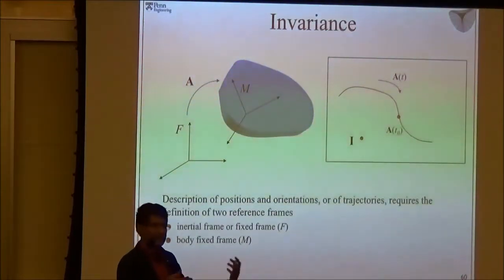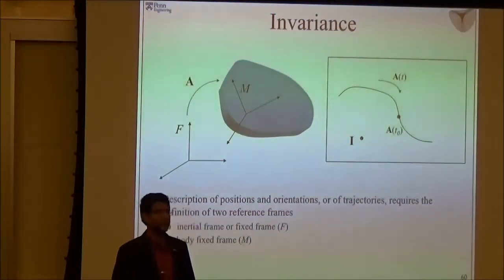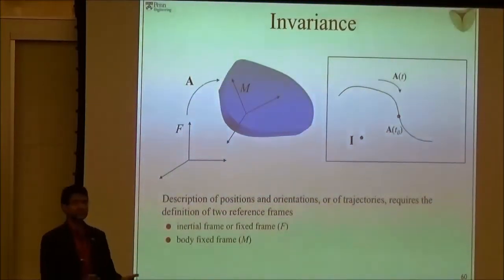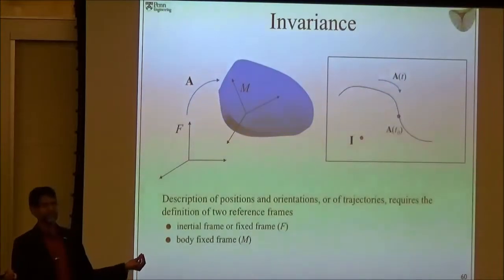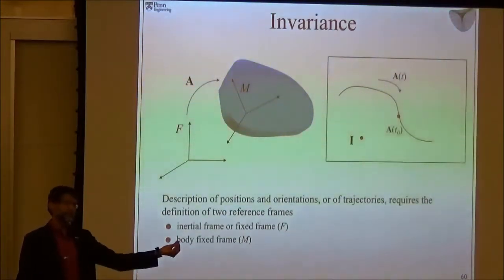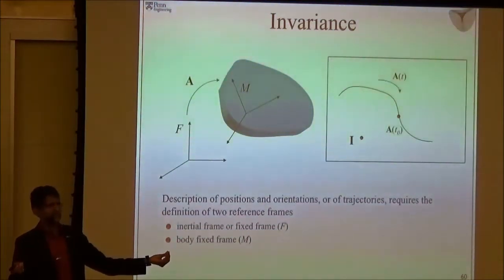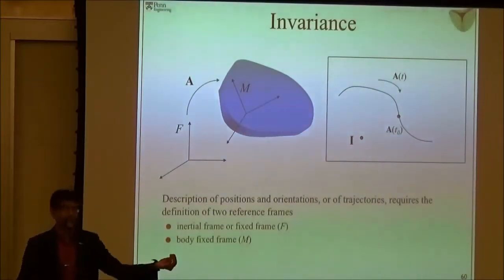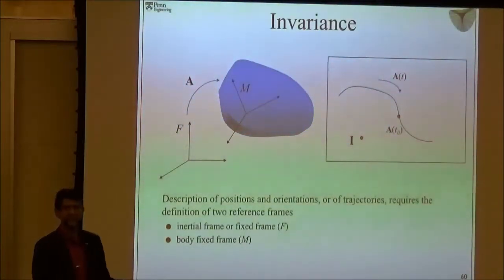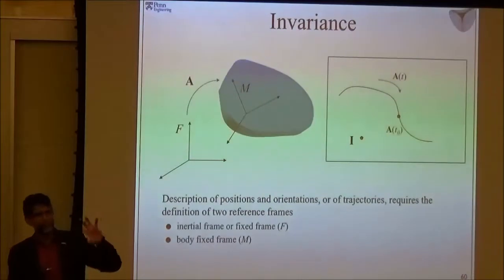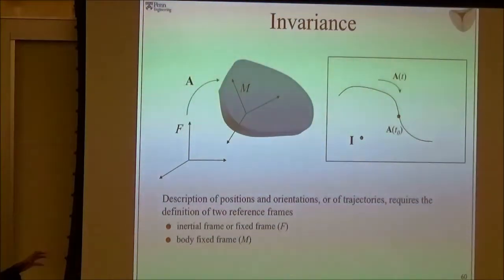So let's say you're doing an optimization problem. You want to minimize, let's say, the rates of changes of coordinates. Well, if you do it with Euler angles and with quaternions, you get different answers. Or if you do it with one set of Euler angles and another set of Euler angles, you get different answers. So that's one kind of invariance you want to be careful about.